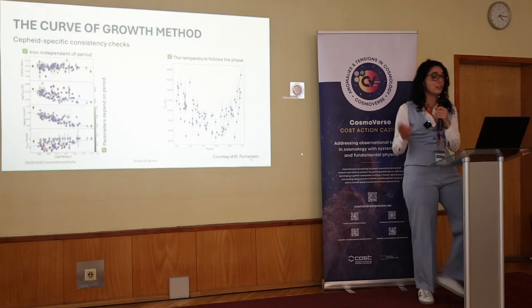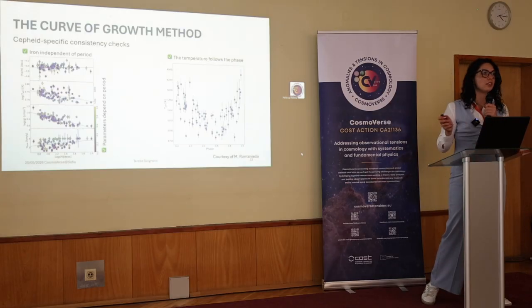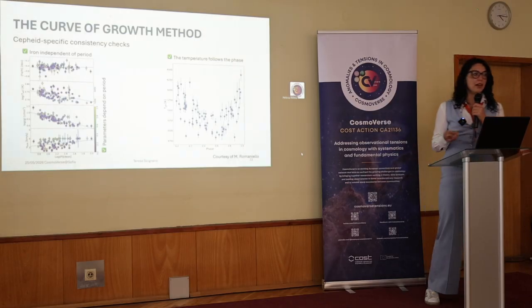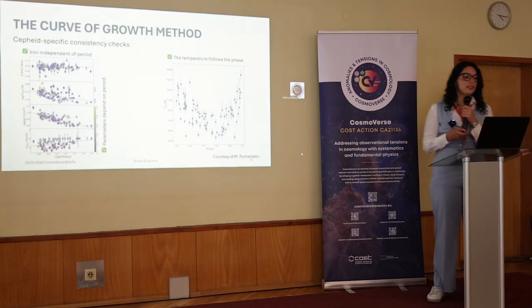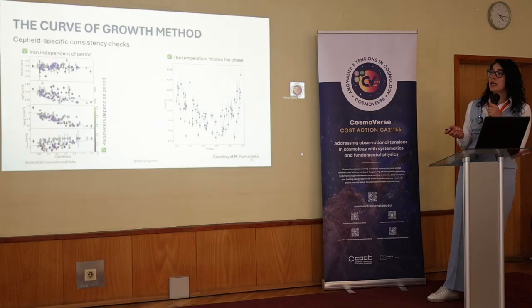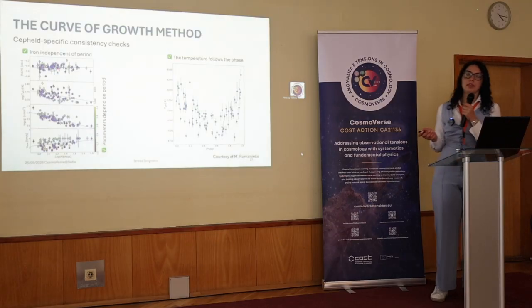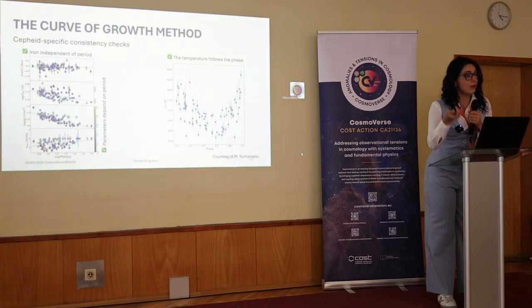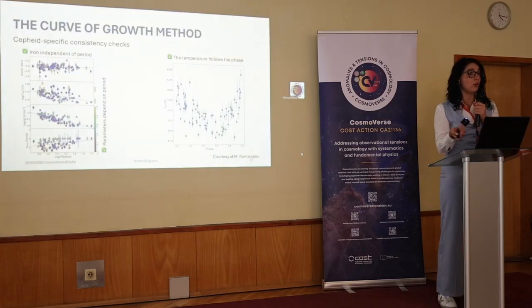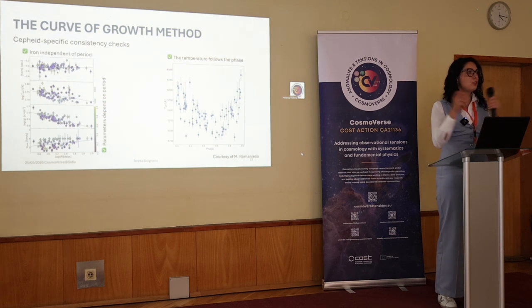By the way, if you remember, Cepheids were important because they can also provide another observable, which is the period. You can see that the iron abundance is independent of the period, but the other quantities depend on the period, because Cepheids are pulsating.